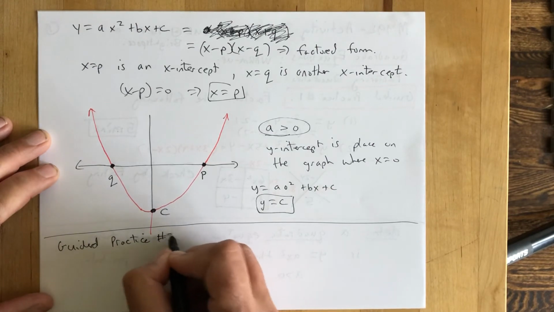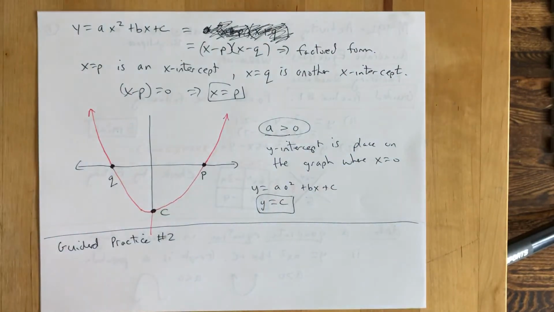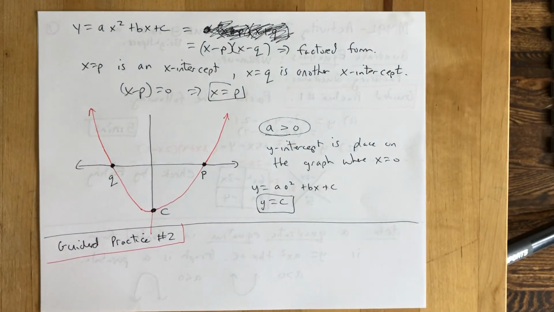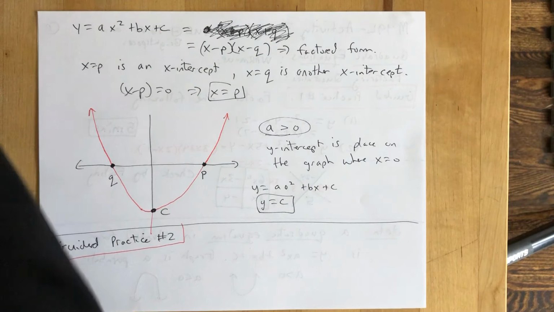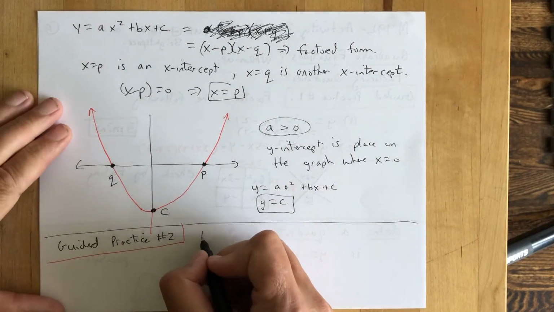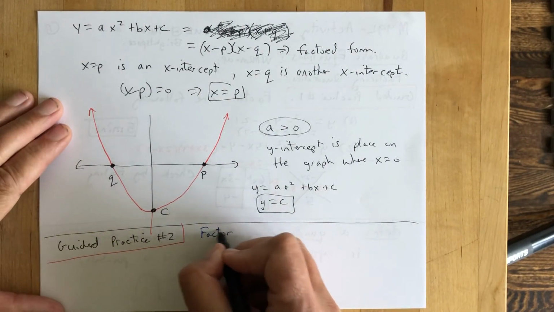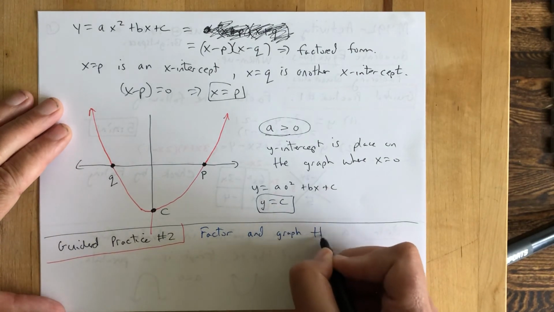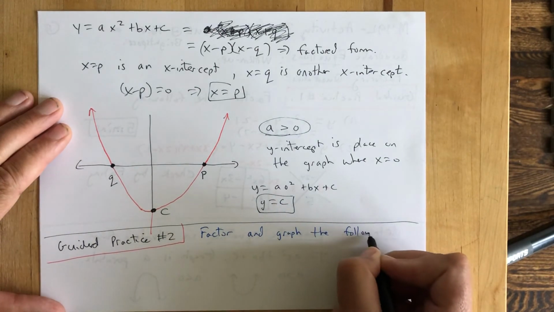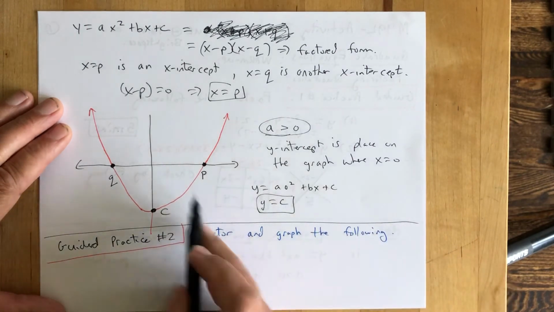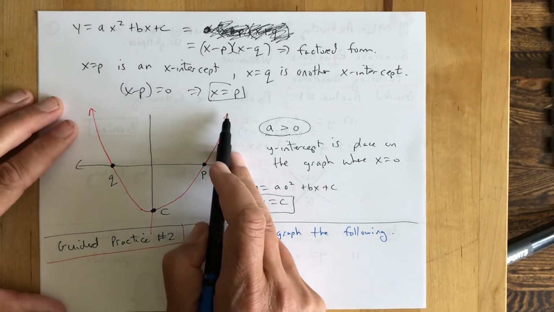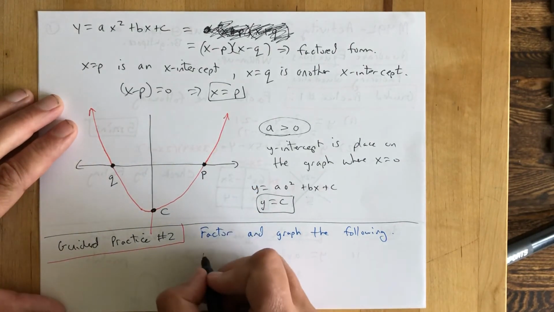Here's guided practice number 2. You're going to factor and graph the following, exactly like this. Find the zeros, find the y-intercept, and look at how this thing opens, and then sketch a graph.